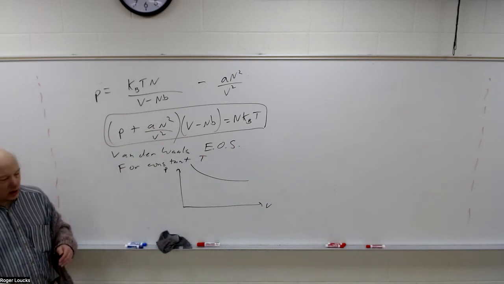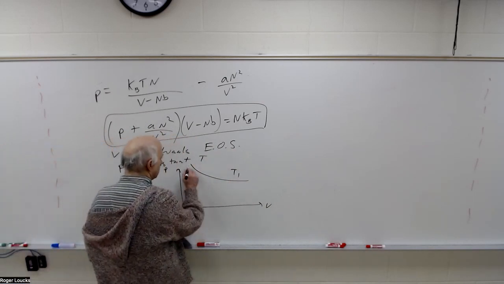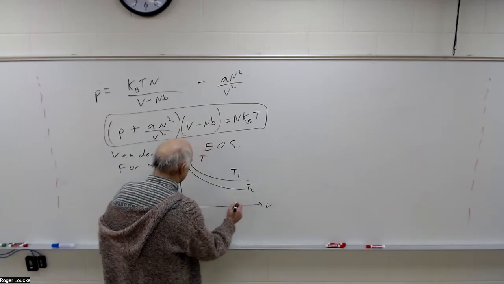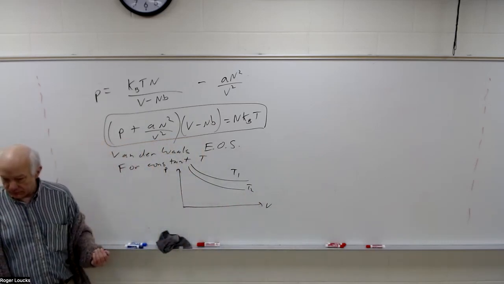Now, I can keep on lowering the T and see what happens. So this is for some T1 here. And I can lower the T again, and I'll get some T2 here. But something really odd is going to happen if I keep on lowering this.